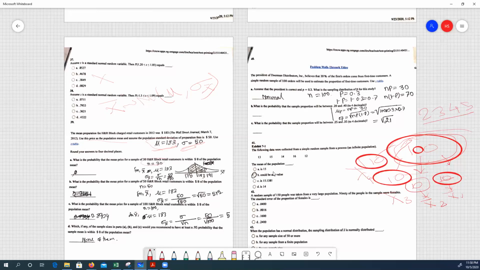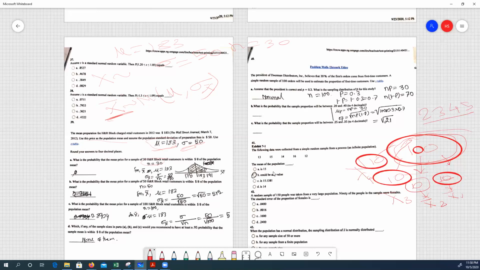So our original distribution was x. We didn't know the distribution, we just know that the mean is mu, which is 183, and the standard deviation sigma is 50. And the sample size is 30, but we do not know the distribution of x bar, the sampling distribution.